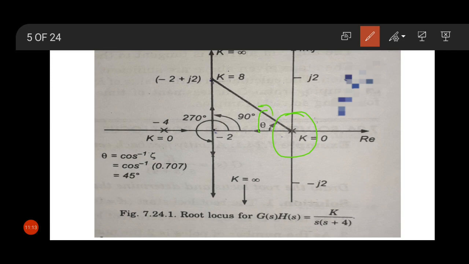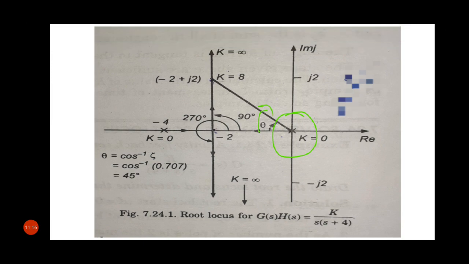From the origin, a line at an angle theta equal to 45 degrees is drawn as shown in the figure, which intersects the root locus plot at s equal to minus 2 plus j2. This point we can find from the graph.